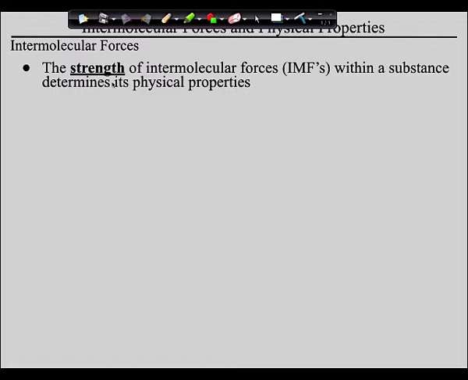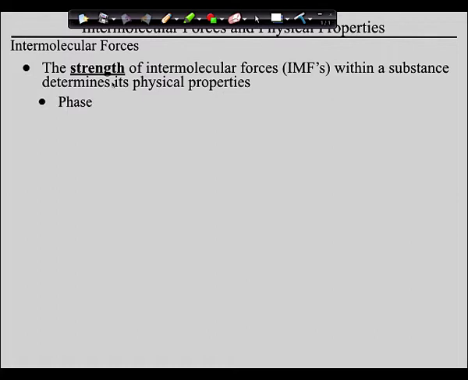Now guys, this is where we're going to narrow this down compared to what you have to learn in AP. In AP, there's all sorts of stuff that you've got to wrap your head around. In this class, you only need to understand 4 of these properties. So what we're saying now is intermolecular forces determine the properties of these substances, but you only have to be able to keep track of 4.